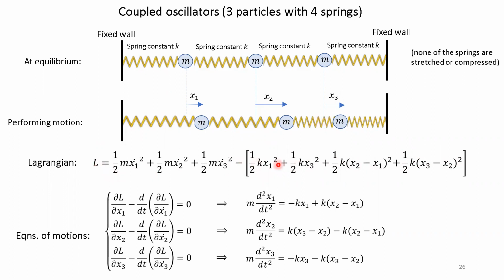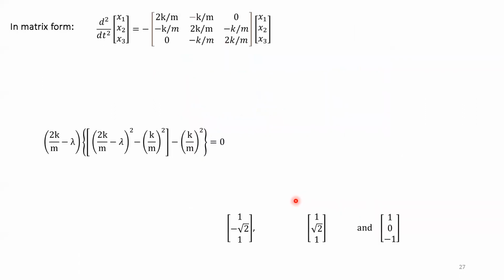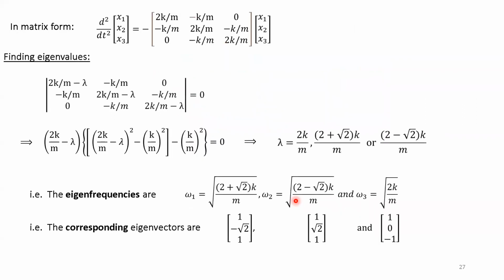After that, you just apply the Lagrange equation again, and this time you find 3 equations of motion. What we do next is the same: we write this in matrix form, and this is the matrix you get.